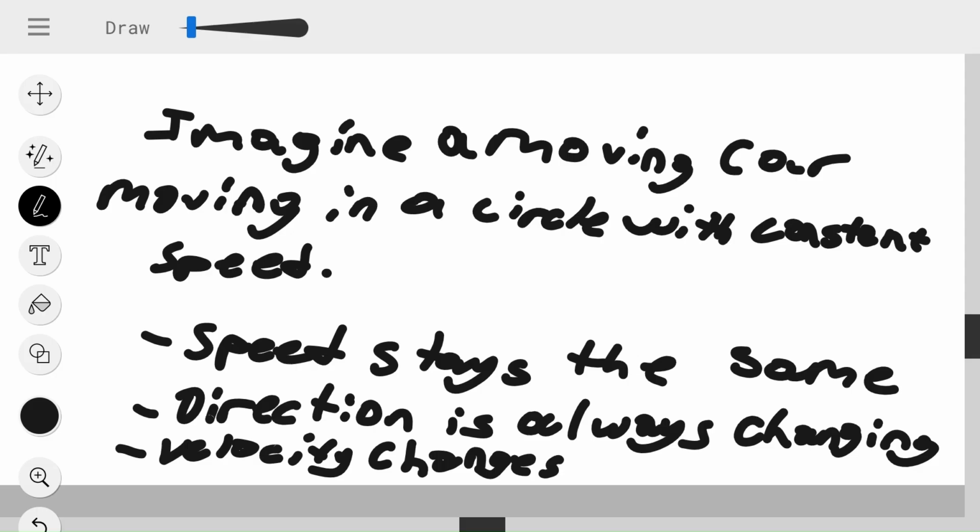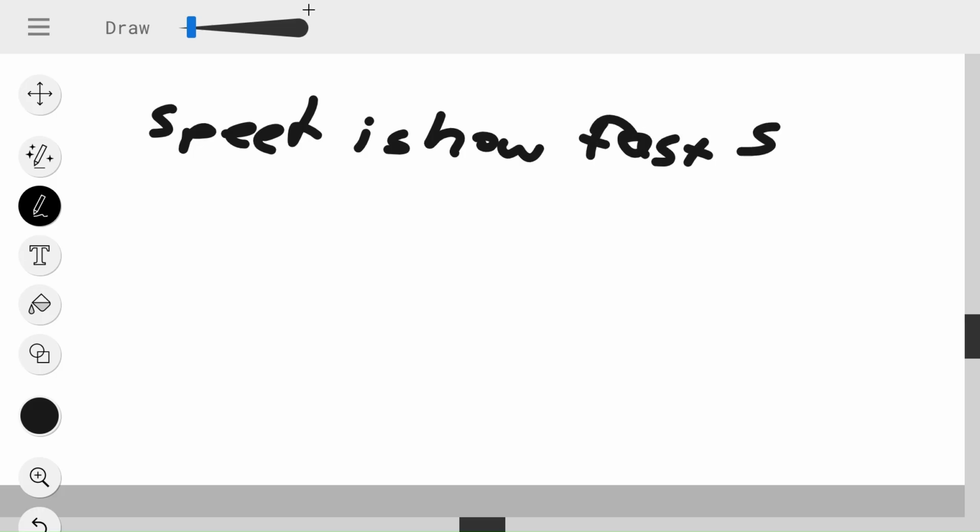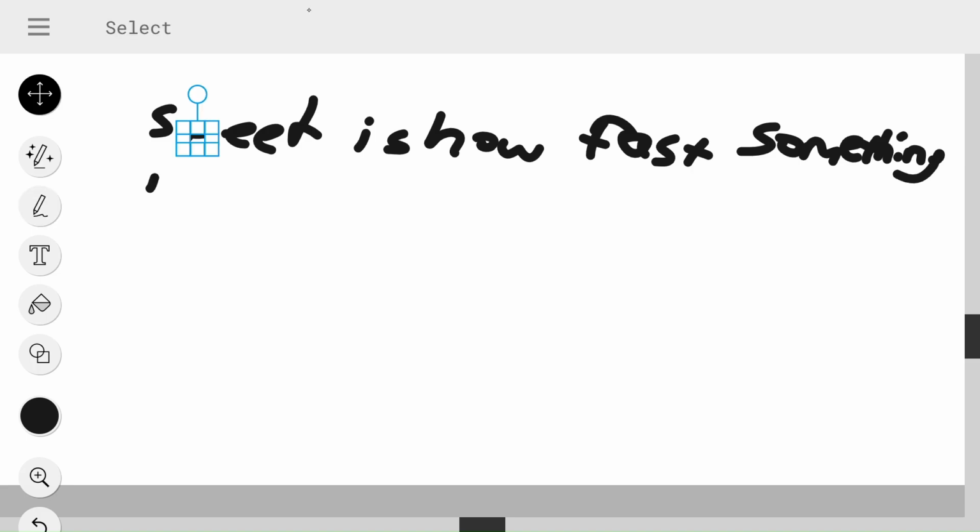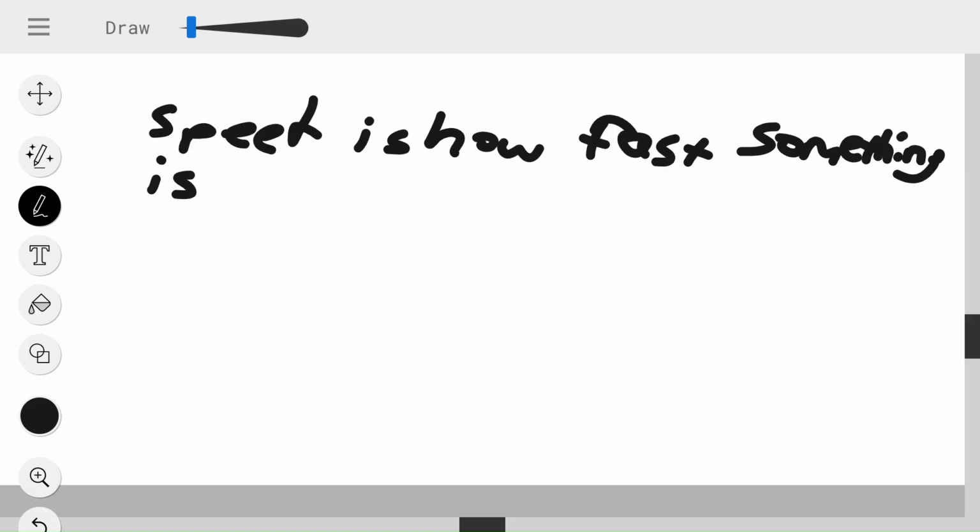Now let's compare the two clearly. Speed is how fast something is moving. Velocity is how fast something is moving and in what direction.